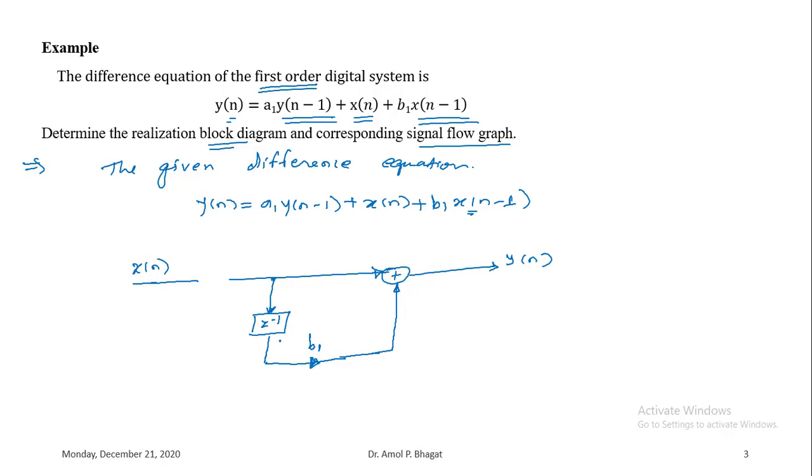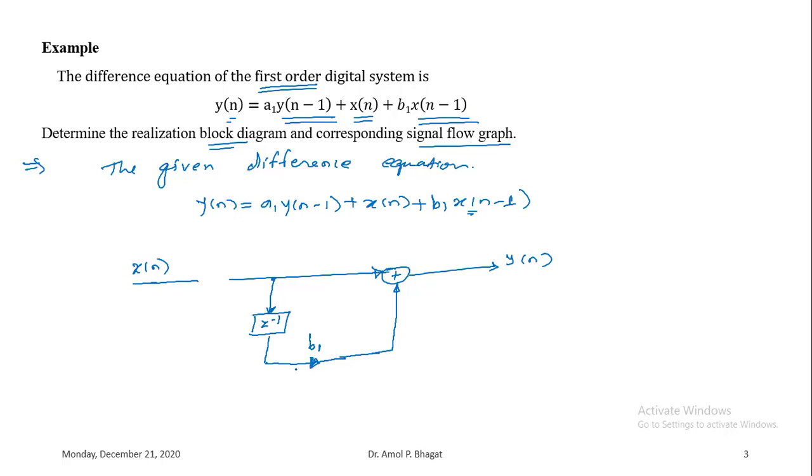The output x of n minus 1 multiplied with b1 is given as input to this adder, and the other input is x of n. So this addition is performed, that is x of n plus b1 x of n minus 1.